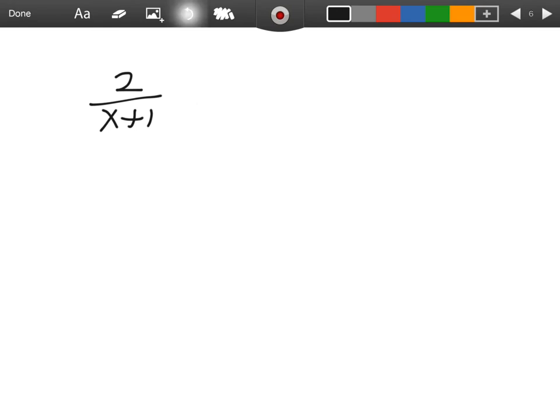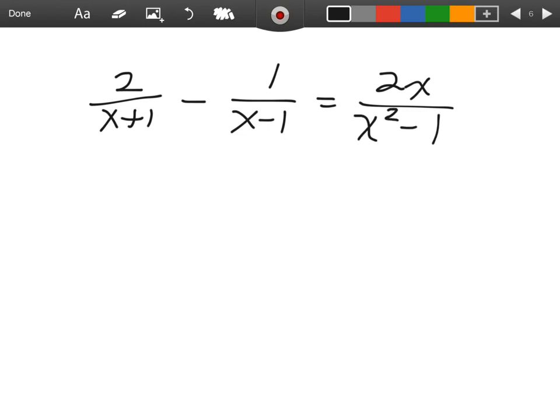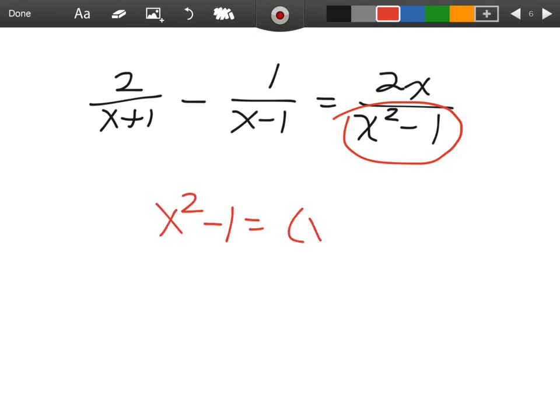Let's do 2 over x plus 1 minus 1 over x minus 1 equals 2x over x squared minus 1. When I do this one, if you look at x squared minus 1, that is the same thing as x plus 1 times x minus 1.